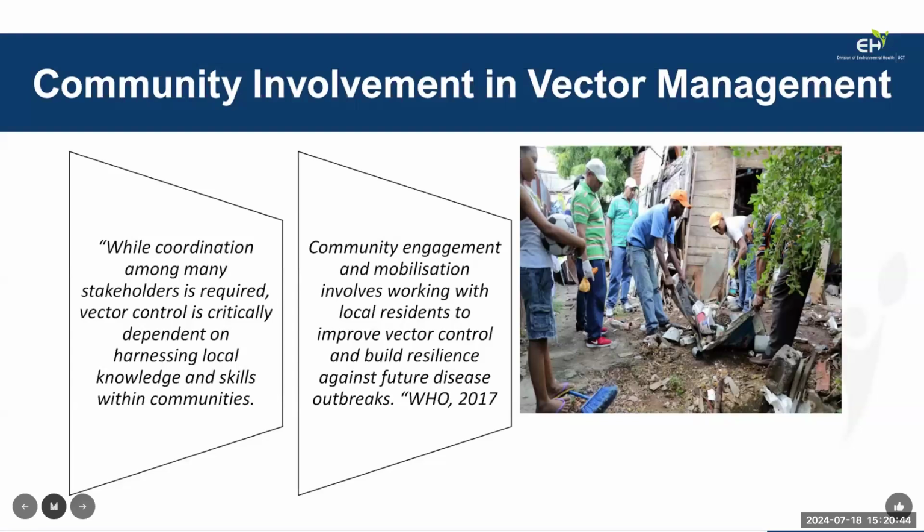So it doesn't matter how much IRS we employ, it will not address the issue of outside biting behavior. It will not address the issue of agriculture diseases and so on. So community mobilization is very critical, even as we go forward and talk about IVM and the reliance on less hazardous pesticides. Next slide.